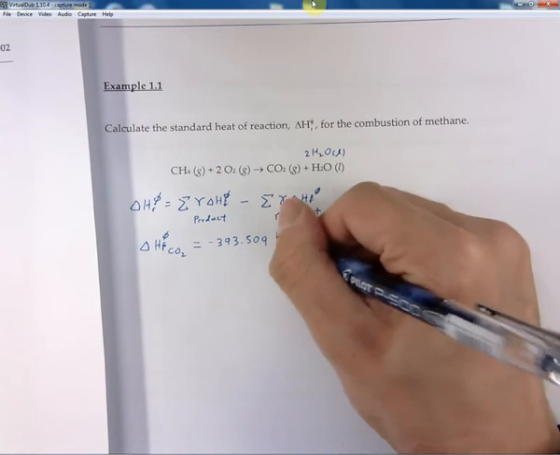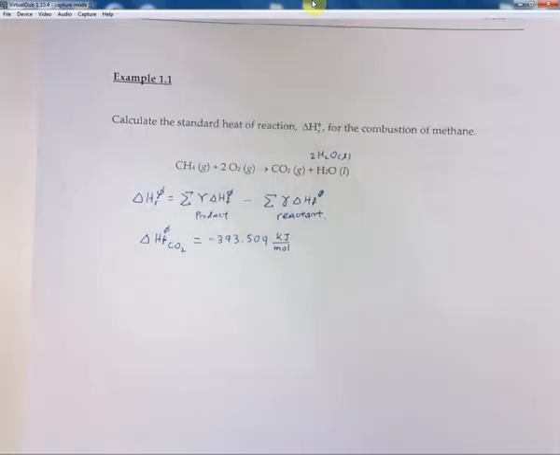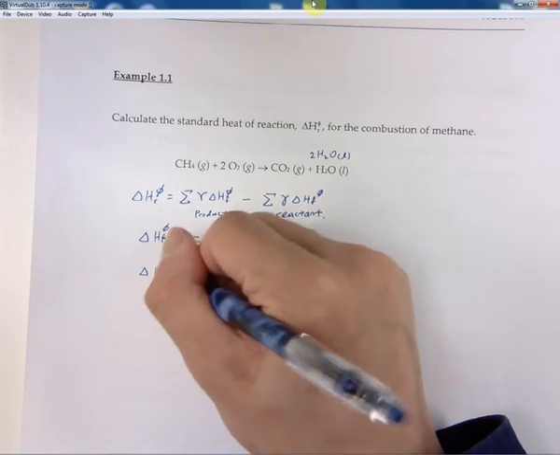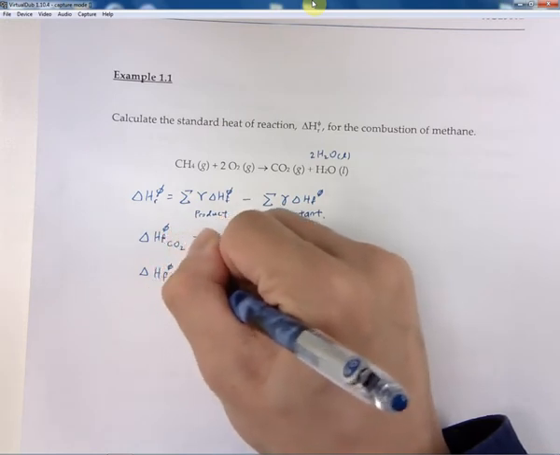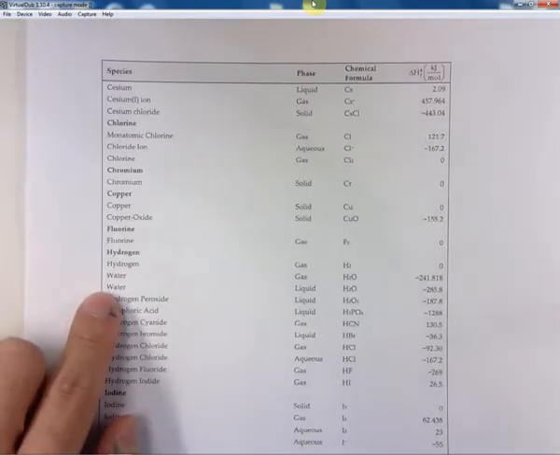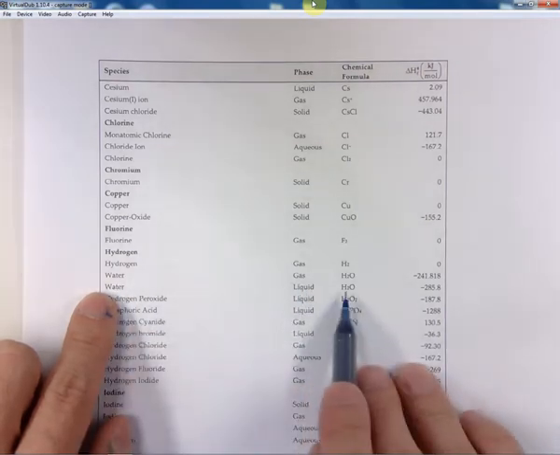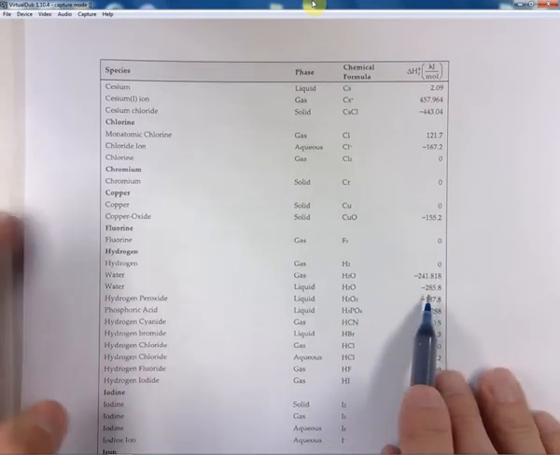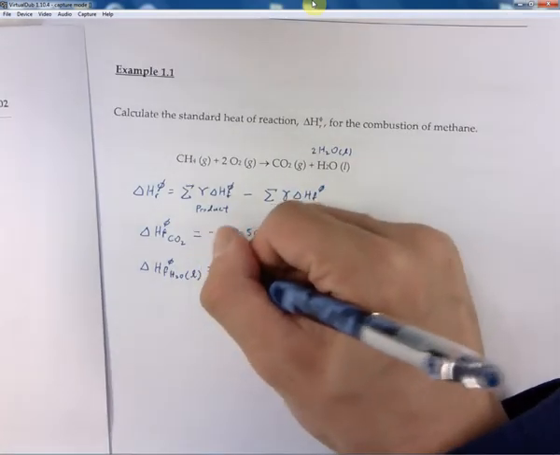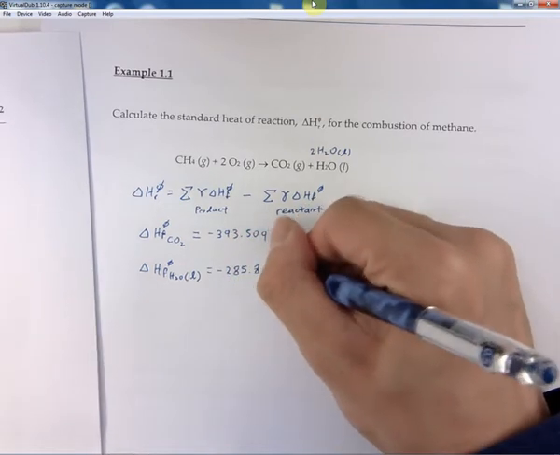Okay, note the unit is kilojoule per mole over here. So heat of water, and it's in liquid form. See, it's over here. You'll notice that there's actually two water over here, but one is a gas, one's a liquid. So we are looking at the one in liquid form, which is negative 285.8 kilojoule per mole.